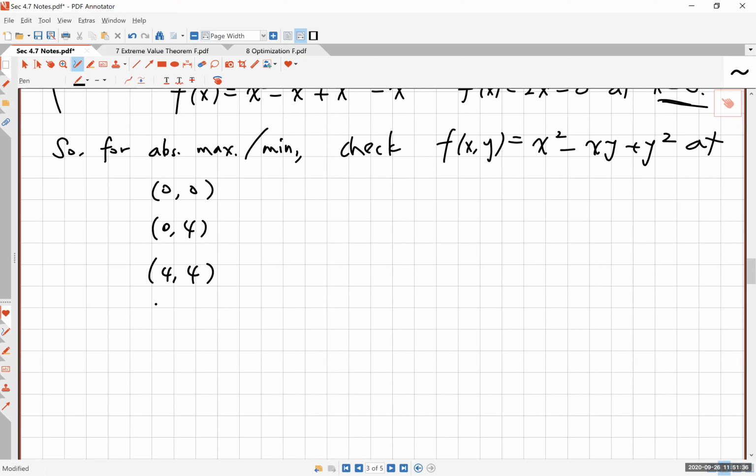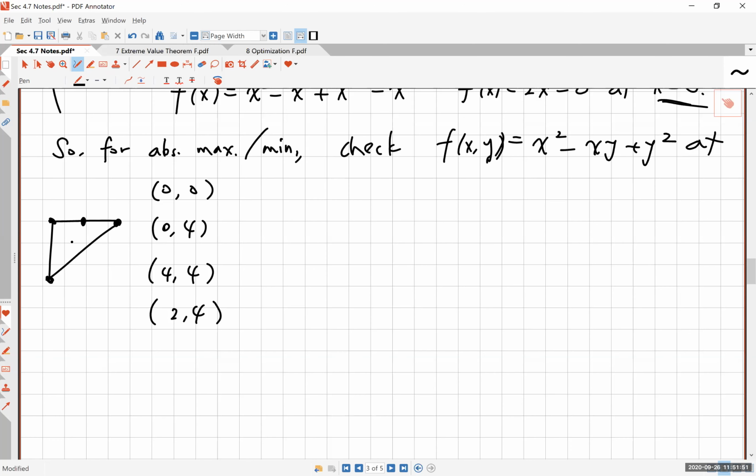These are the corners. And then there's one more point we have to consider, that's 2, 4. So in other words, here's the triangle. I have to check at this point, this point, this point, and this point. These are the points that we have discovered could be relevant on the edges.